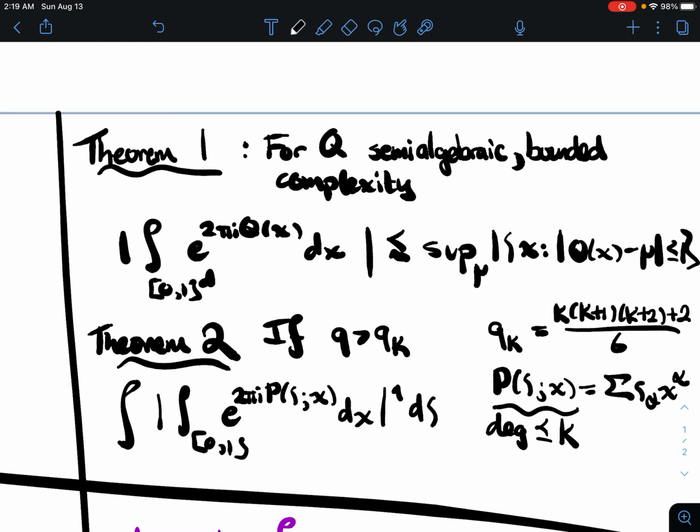So here c ranges over all possible coefficients for a polynomial with degree at most k, and we're taking the oscillatory integral corresponding to that. And this theorem gives you a tight q_k for which this integral is finite. So for q less than q_k, this integral will be infinite. And so this is a tight bound.